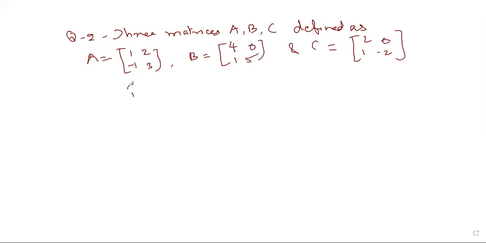So first verify A into BC is equal to AB into C.